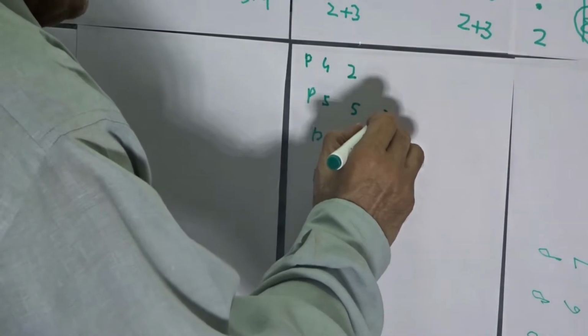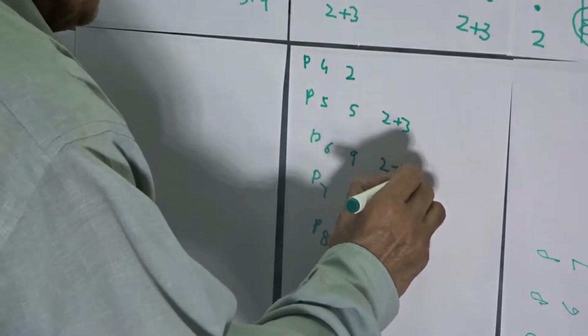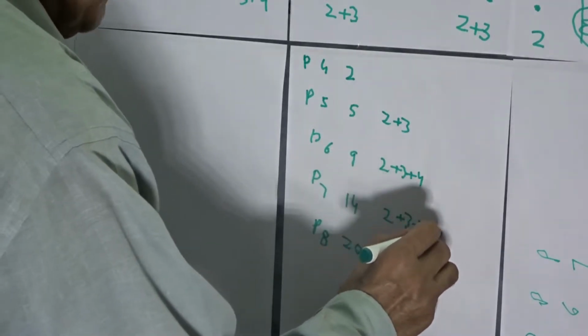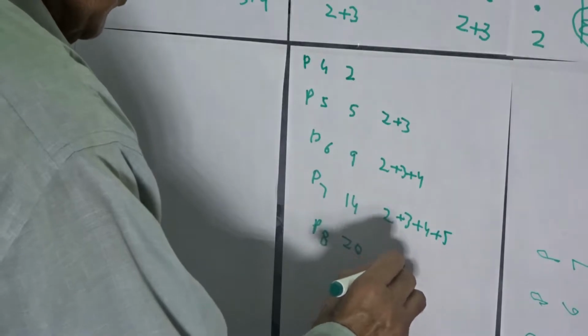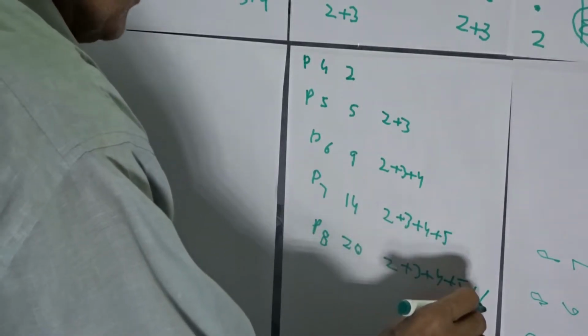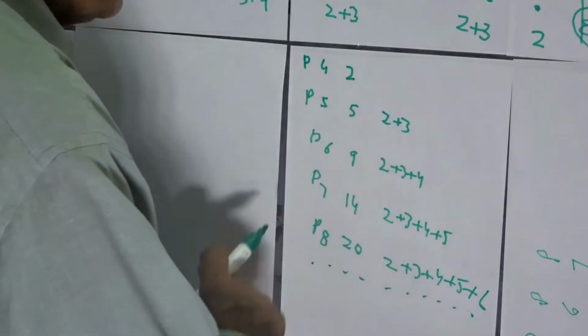Here we are at 2 plus 3, here 2 plus 3 plus 4, here 2 plus 3 plus 4 plus 5, here 2 plus 3 plus 4 plus 5 plus 6, and like that we can extend and reach up to any of these stages.